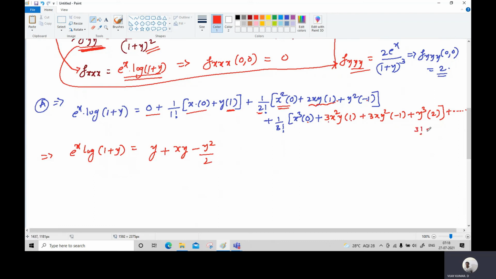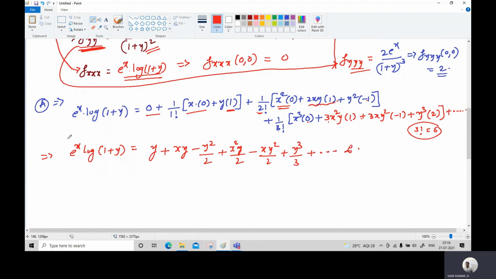What is 3 factorial? 3 factorial is 6. So 3 by 6 is nothing but 1 by 2. So you will get x square y by 2. Again, plus into minus minus, minus xy square by 2. And the final term is y cube into 2 by 3 factorial. So 2 by 6 is nothing but 1 by 3. So you will get y cube by 3 plus so on.